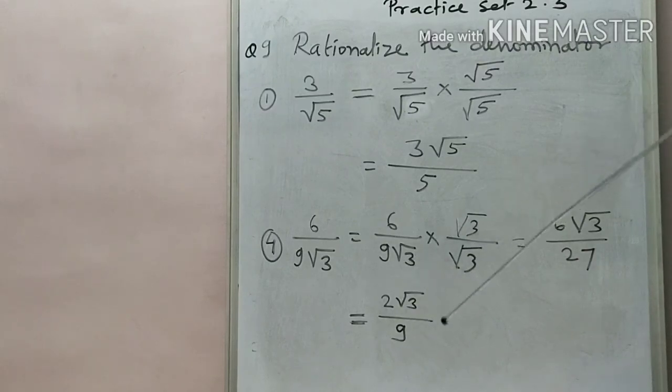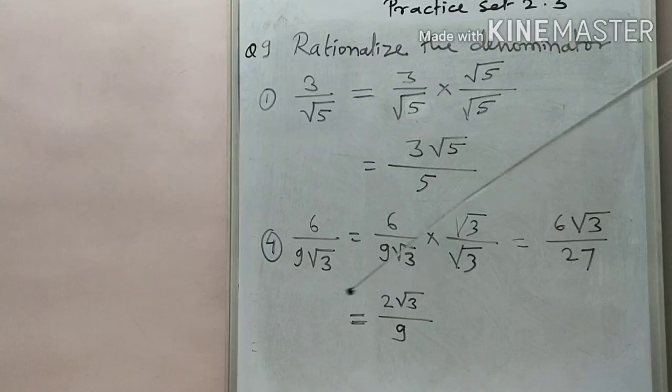Not dividing that 27 by this 3, because this 3 is a radicand which is an irrational number and 27 is rational, so we divide only the rational numbers. So we eliminate the common factor 3 from both numbers, and we get the simplest form as 2 root 3 upon 9. Now 9 is a rational number, so we have rationalized the denominator.